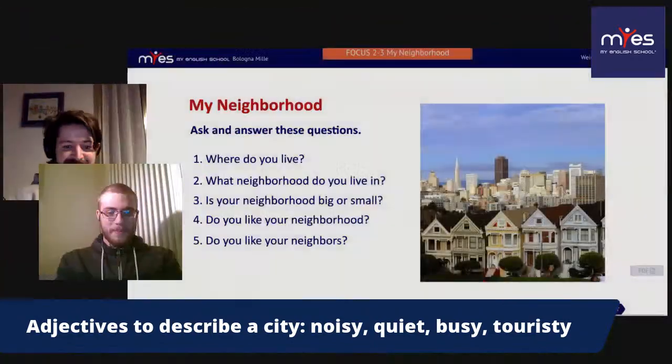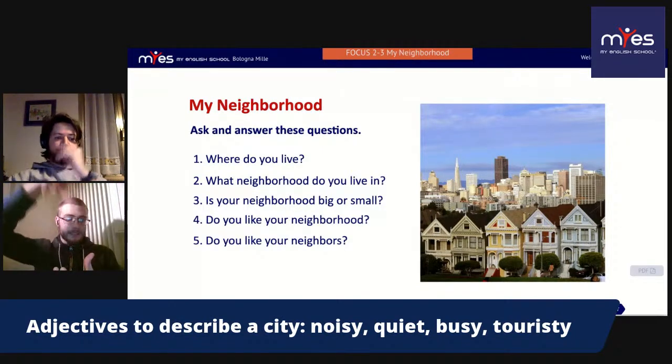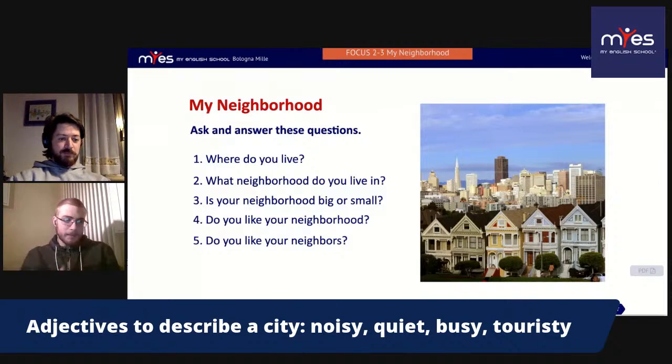My screen neighbor. Exactly. So neighbor is when you live next to someone. Or maybe if you live in an apartment building, the people that live in your apartment building are more or less your neighbors. Exactly. So, for example, how many neighbors do I have? I have 1, 2, 3 neighbors in my apartment building.